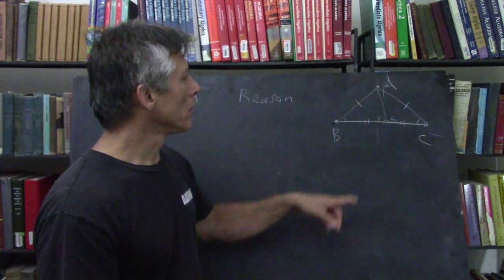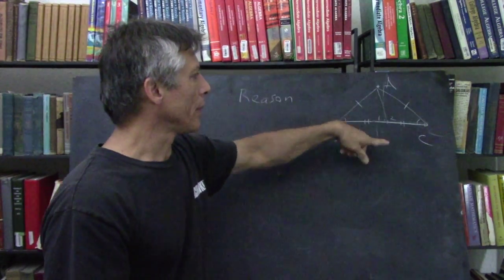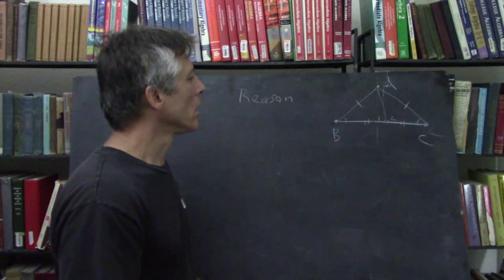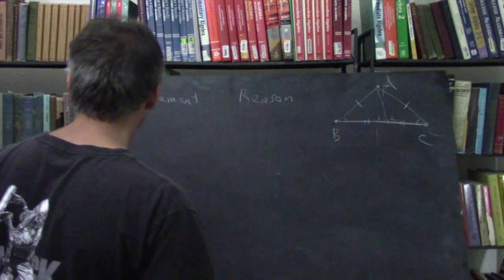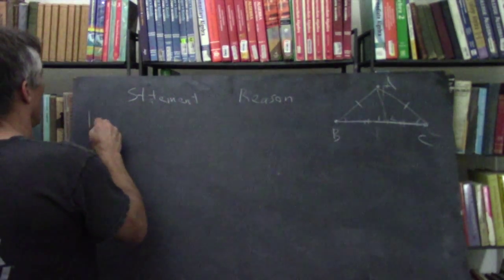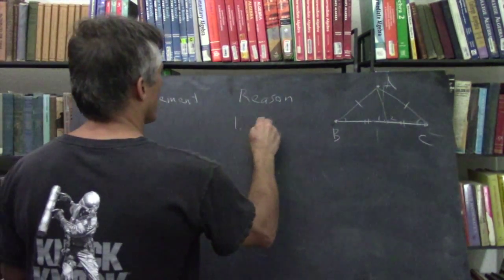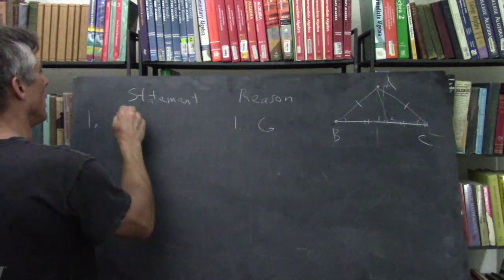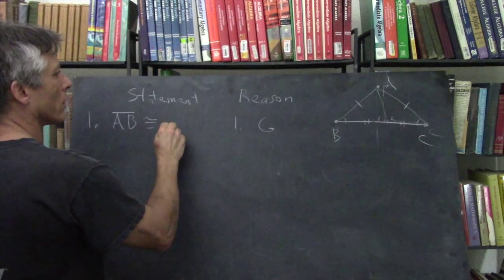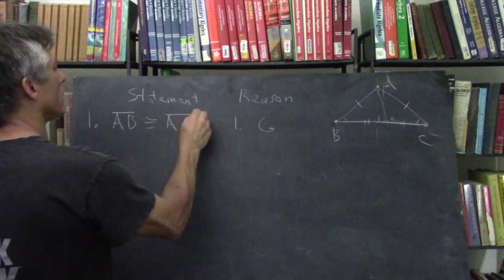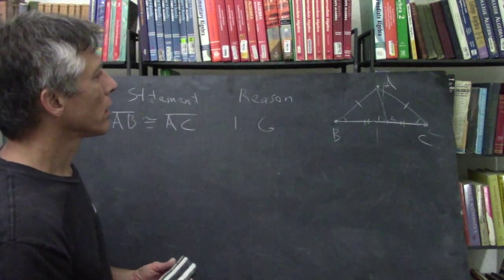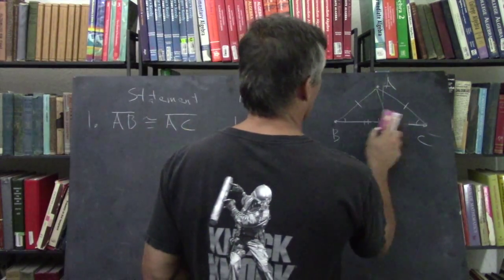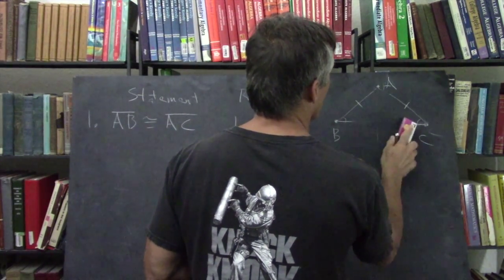So, we know that A must be on the perpendicular bisector, and let's go write that up. So, we started out with our given that AB is congruent to AC. Okay? We'll erase this so you kind of remember what was going on and what we did.